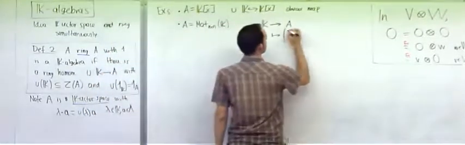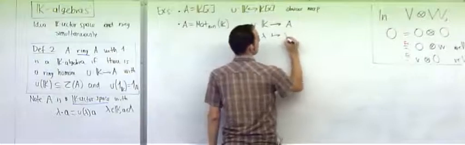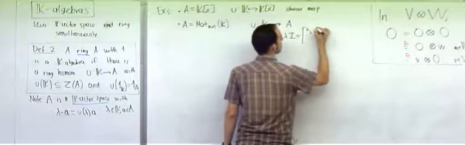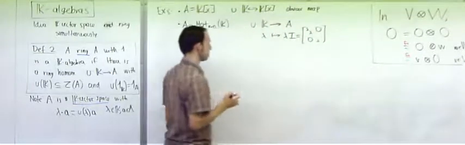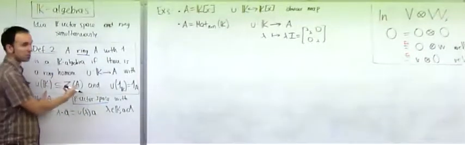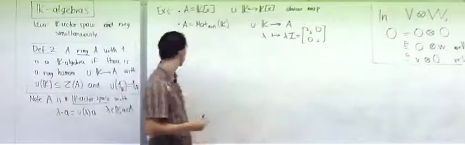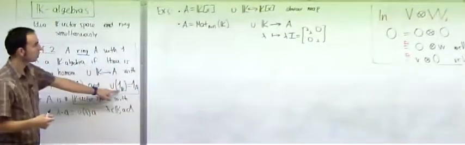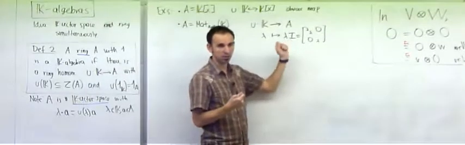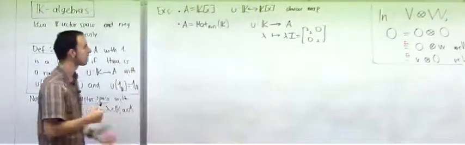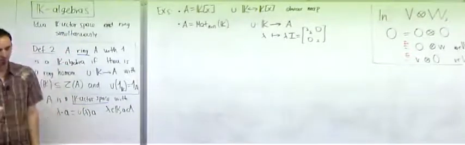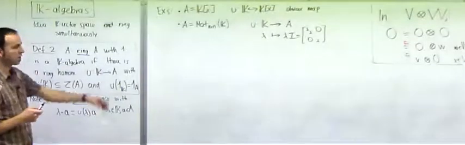And so what we do is just take lambda I, lambda times the identity: lambda, lambda, lambda. And so this does satisfy that U of anything is in the center because these matrices commute with everybody. U of the number 1 is the matrix I, which is the 1 of that ring. And so everything is satisfied in a little bit less trivial way. So here U is actually doing something. So these are two motivating examples.